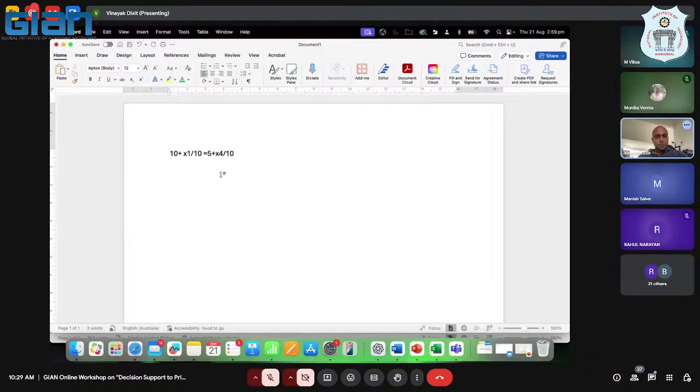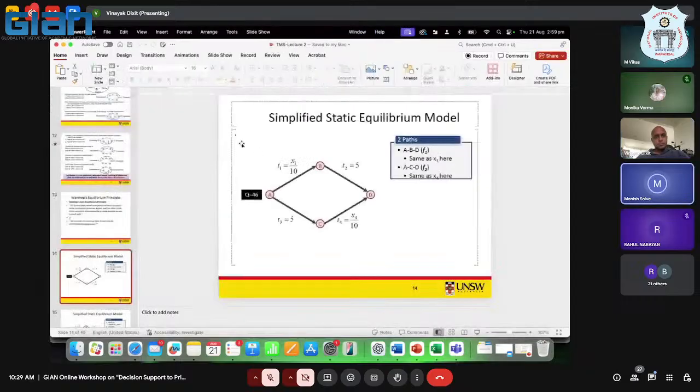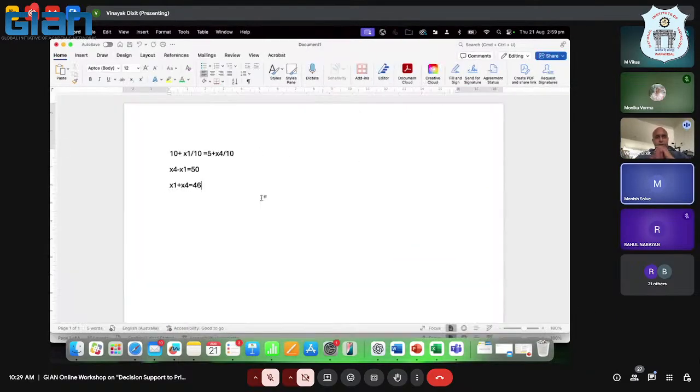So this equation will become x4 minus x1 is equal to 50, correct? But we also know that x1 plus x4 is equal to 46. If I solve these two, what should this become?